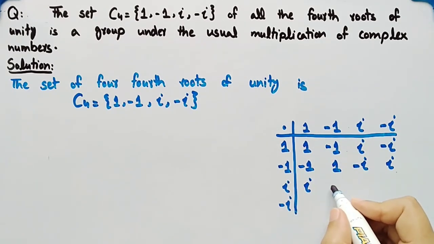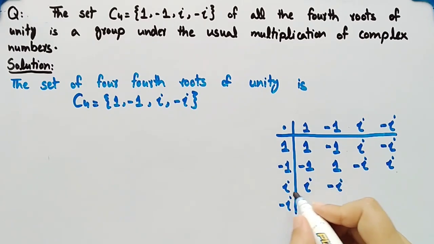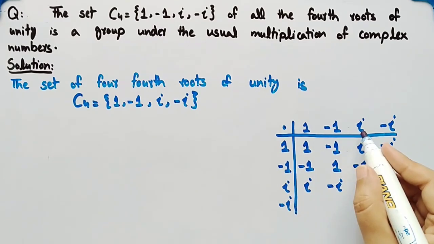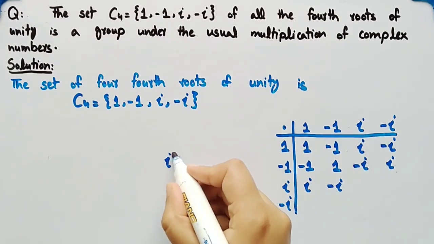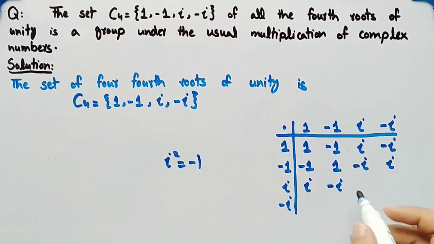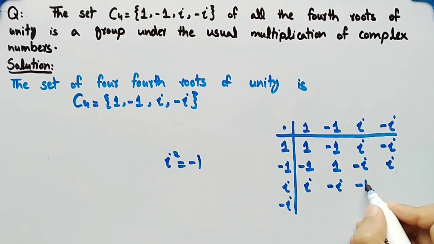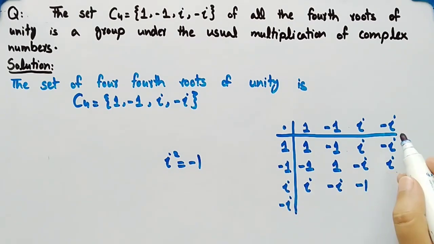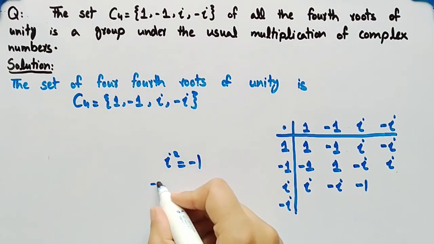Iota multiplied by iota is iota square, and iota square is equal to -1. So iota multiplied by iota is -1. Iota multiplied by -iota is -iota square, which is equal to 1.